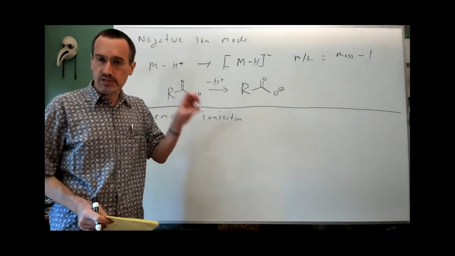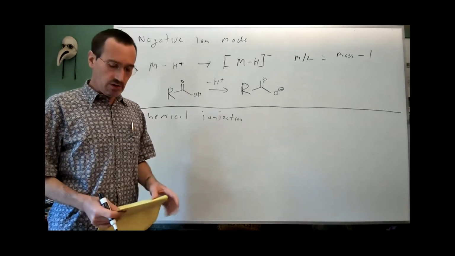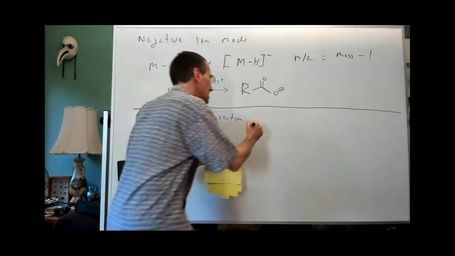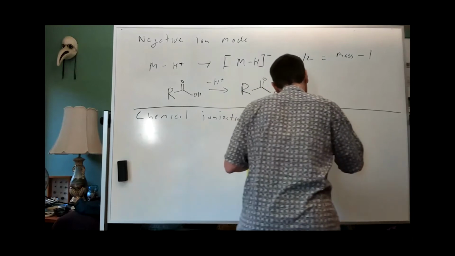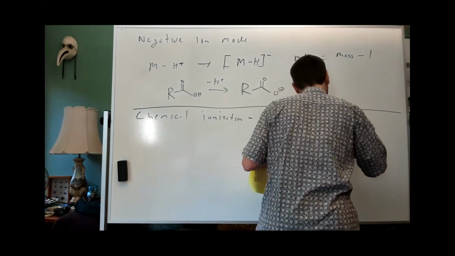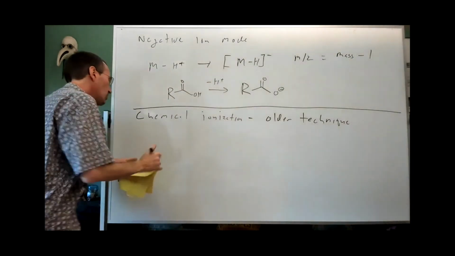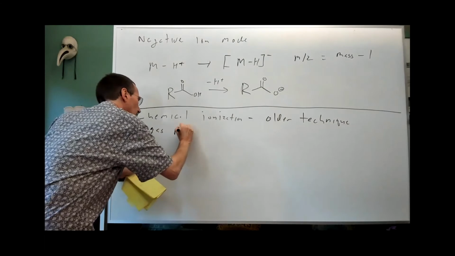So basically cooking it on a filament in a vacuum. And then you're going ahead and protonating it with a gas phase reagent. So I'm going to describe this as an older technique. And you do it as a gas phase reaction.